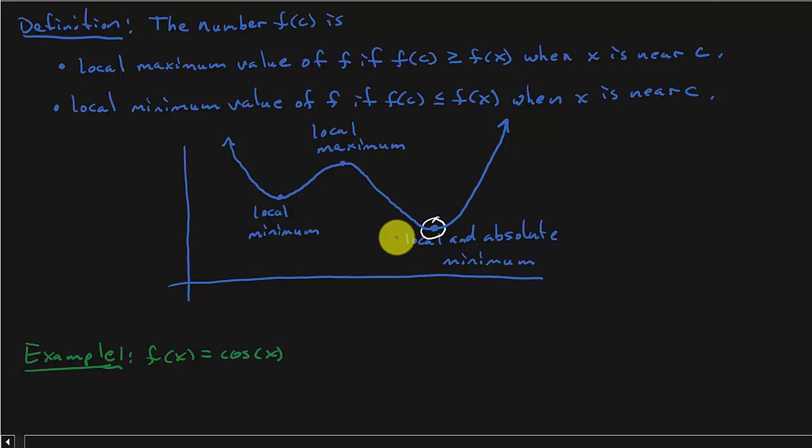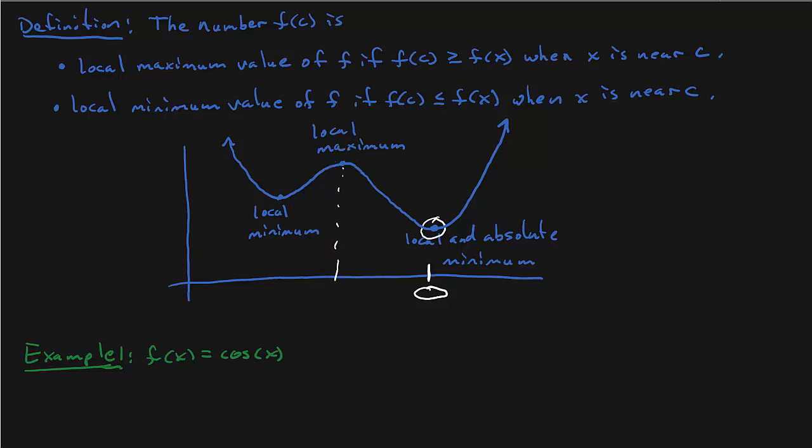So that's an absolute minimum. But it's also a local minimum because it's the lowest value near this point. Near whatever x value we have, it's the smallest value near this x value. Now, this value right here is just a local maximum, because you can see there are values out here that are larger than this.